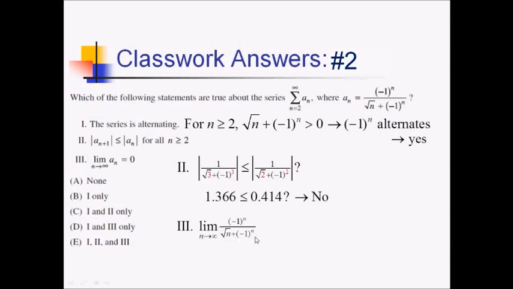So we can really just call this -1 to the n over radical n. And actually this is going to 0, right? Because your denominator is growing faster than your numerator. So that actually turns out to be true, which means we want 1 and 3 as true, so that would be choice D.